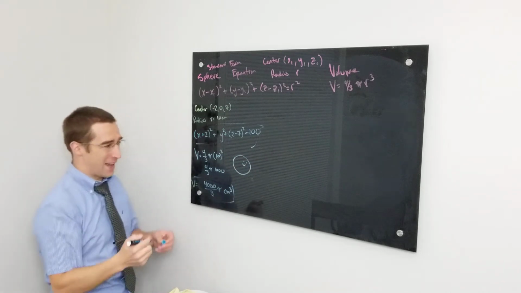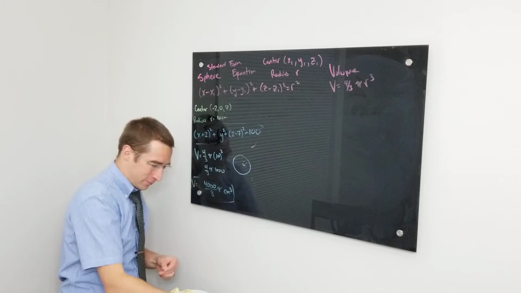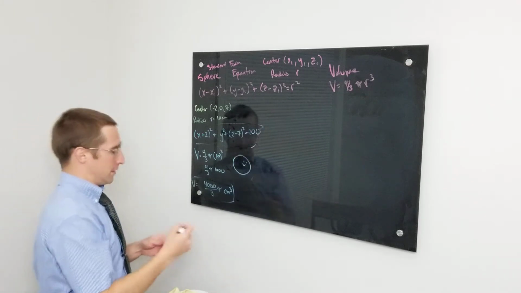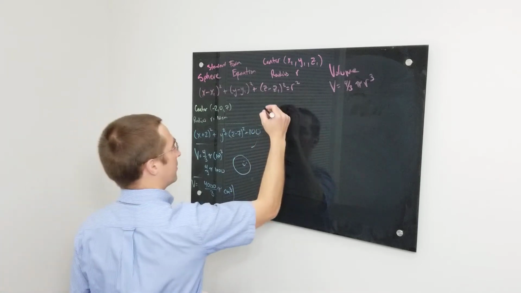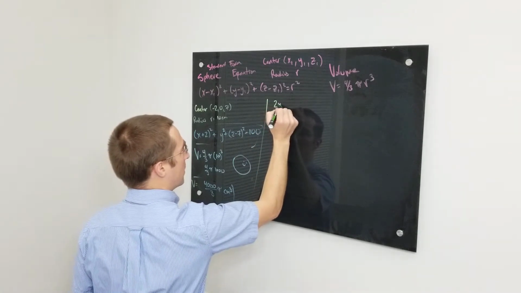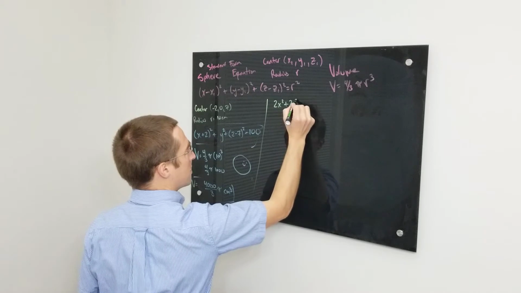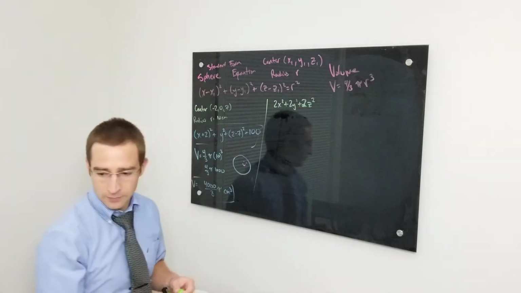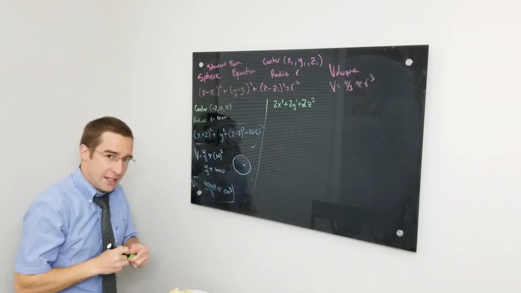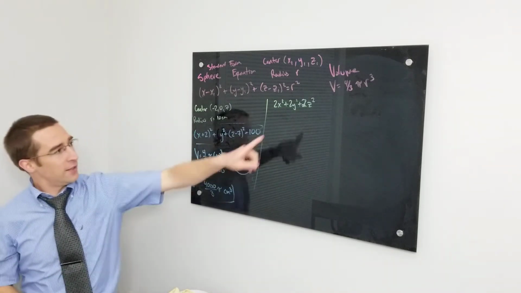We're happy. Yeah, cool. We got it. All right. Let's do a more interesting problem. Let's use a different color as well. Here we have an equation, 2x squared plus 2y squared plus 2z squared. Remember to make your z have little arms, so it doesn't look like a 2.